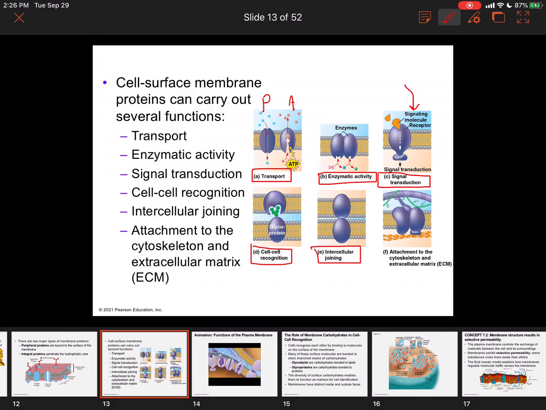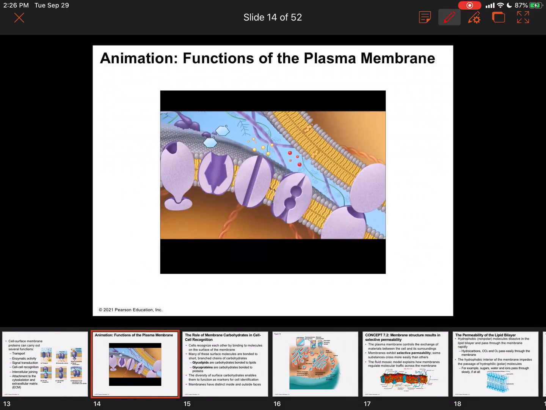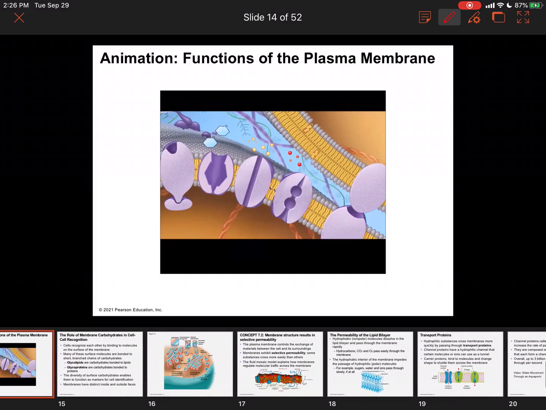And then the cytoskeleton and the extracellular matrix can also attach to the actual cell membrane using those proteins. So lots of functions there for proteins. If you are looking at this in a PowerPoint slide, that would be an active slide right here. You should be able to click that and see an animation of the functions of the plasma membrane. So watch that if you're able to.